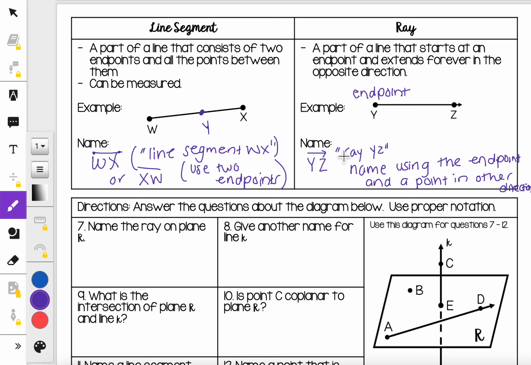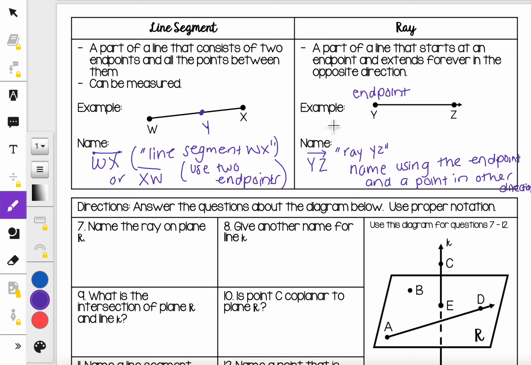Okay, all right, so in here, when I use my notation, you do want to be careful to make sure that you don't have an arrow at that endpoint. Okay, so Y is my endpoint, I don't have an arrow. It's going to go forever in that direction where it goes past point Z, so point Z is going to have that arrow above it.